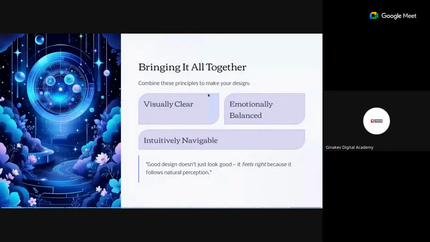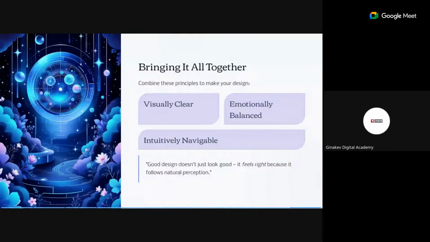So bringing it all together, when you combine these principles to make your design, what are you going to get? You're going to get visual clarity, or it's going to be visually clear to your users. It's going to be emotionally balanced to your users, and it's going to be intuitively navigable for your users.